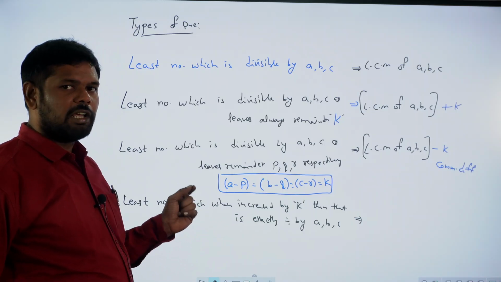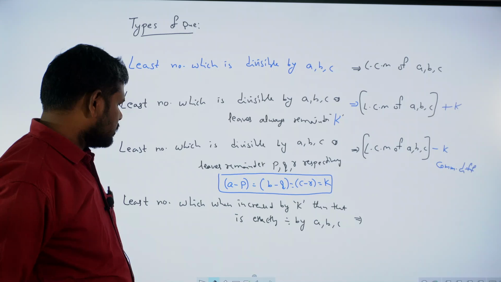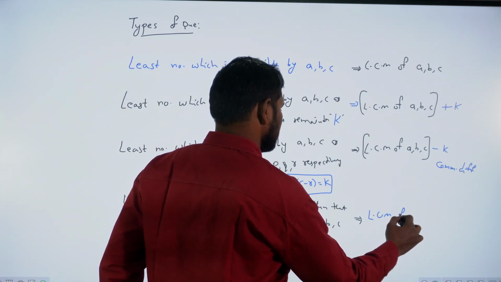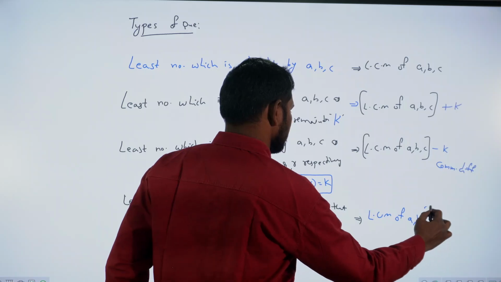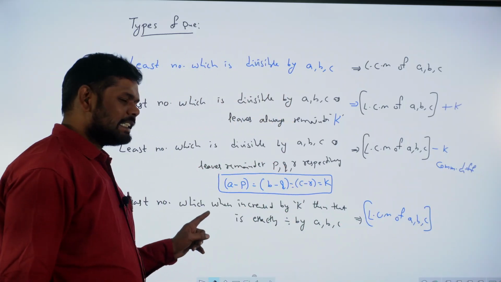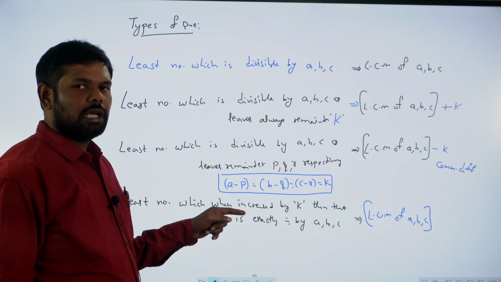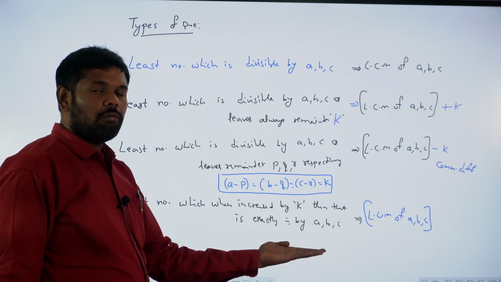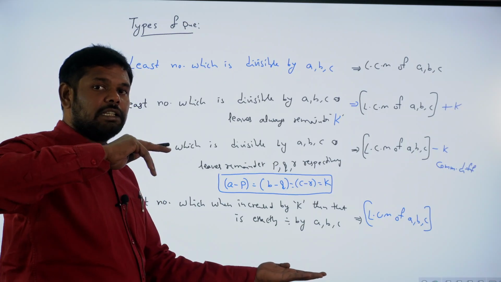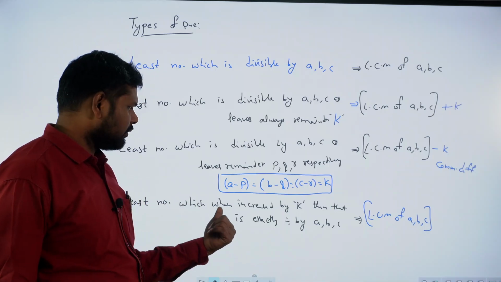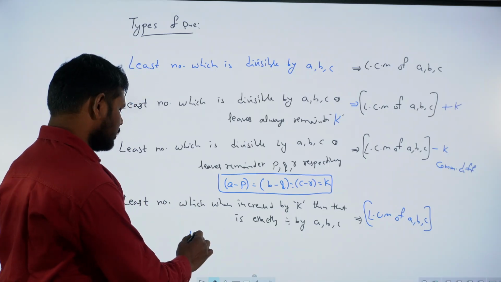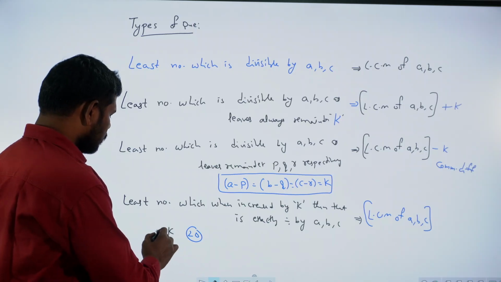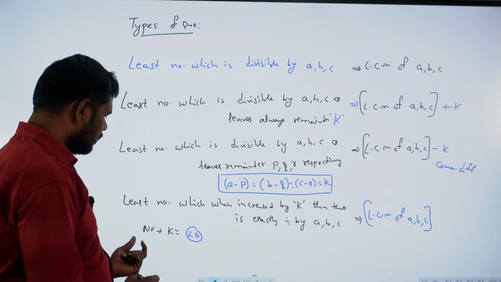So for that type of questions, how are we going to solve? Here LCM of ABC is always divisible by ABC, no doubt. But here, least number which when increased means that is the actual number. ABC means LCM, but after increasing, we get that LCM. Suppose 20 is the LCM, then something we add to the given number gives 20.